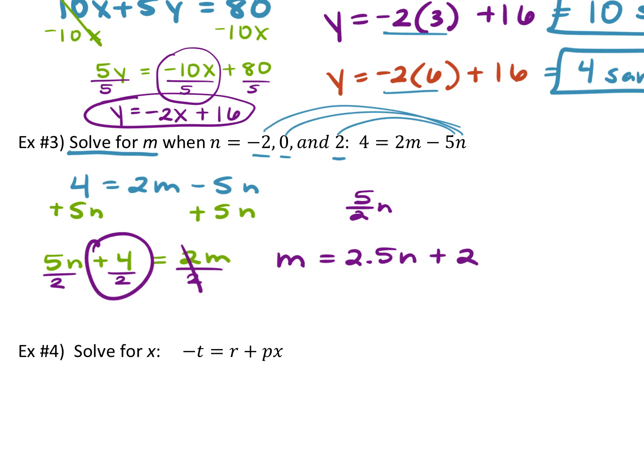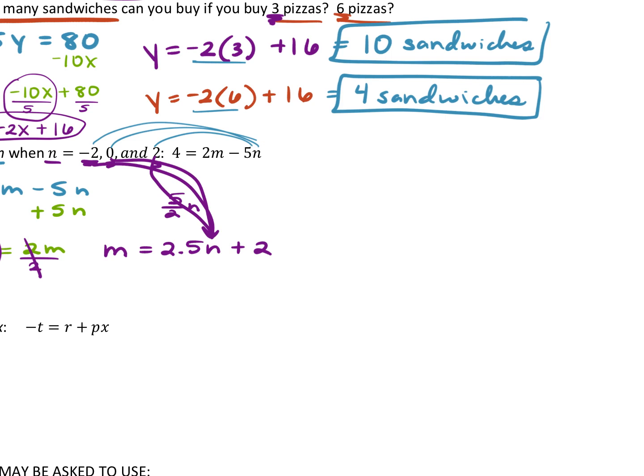So now here's our setup. It says when n is -2, 0, and 2. So you're going to plug in a -2, and then you're going to plug in a 0, and then you're going to plug in a 2. 3 separate things that you're plugging in to get those values. So m equals 2.5 times -2 would be the first one, plus 2.